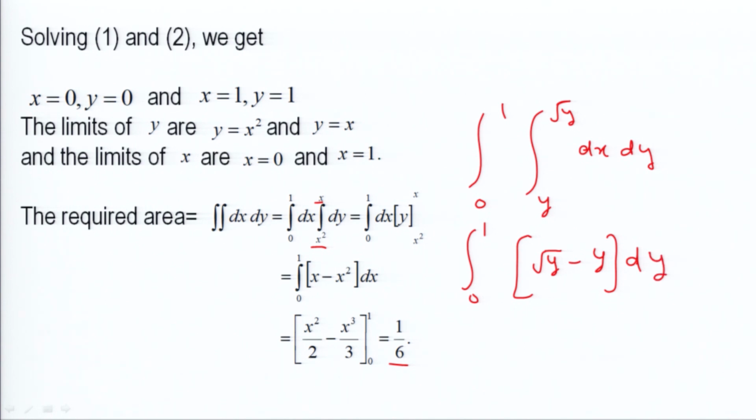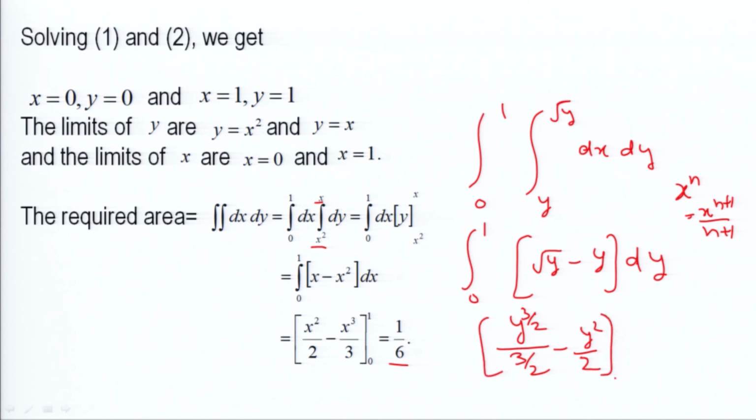The value of y to the power 1 by 2: we know that the integration of x to the power n is x to the power n plus 1 upon n plus 1. So the integration here is y to the power 3 by 2 over 3 by 2 minus y square by 2, with limits 0 to 1. Solving, we get 2 by 3 times y to the power 3 by 2 minus y square by 2, and putting in the limits 1 and 0, we get 1 by 6.